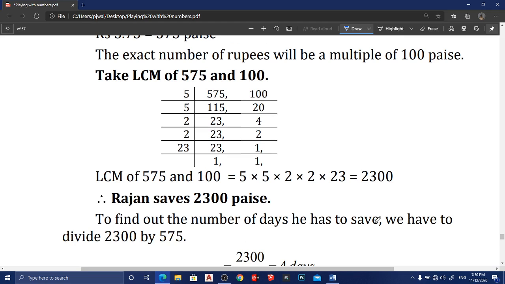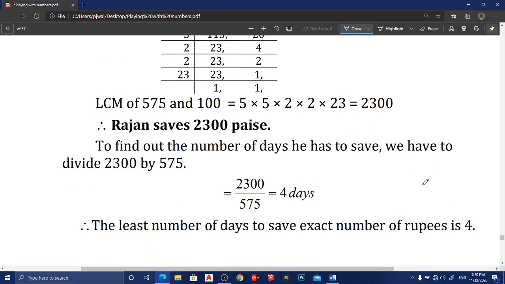To find the number of days he has to save, we have to divide 2300 by 575 paise, and you will get 4 days. The least number of days to save an exact number of rupees is 4 days. In 4 days he can save an exact number of rupees.